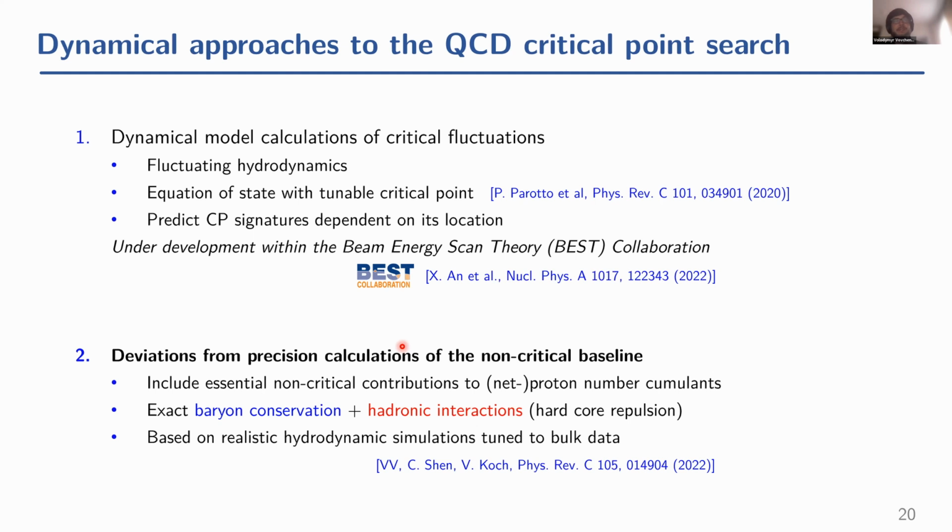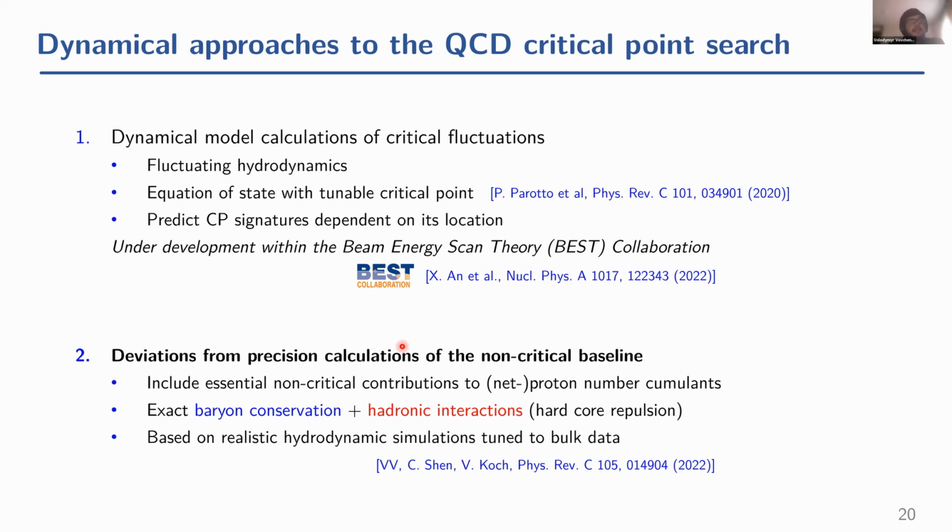So not just assuming a box with heat baths and so on, but really doing dynamical modeling of the collision process. And as far as the QCD critical point search goes, there are two ways to approach this question. One way is to incorporate signals of the critical point and fluctuations in this kind of modeling explicitly.